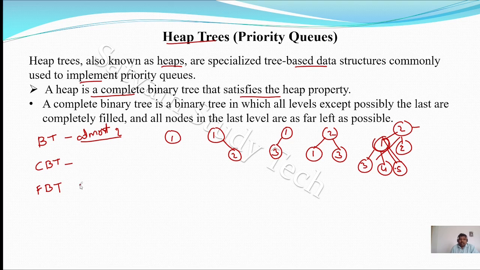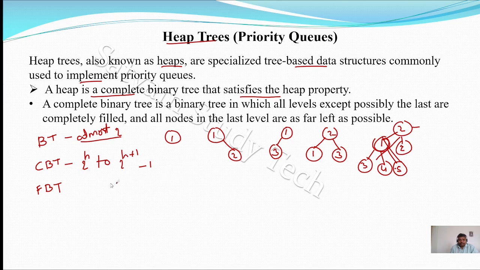A complete binary tree has between 2 power h and 2 power h plus 1 minus 1 number of nodes. What is the meaning of this? H means the height of the tree.